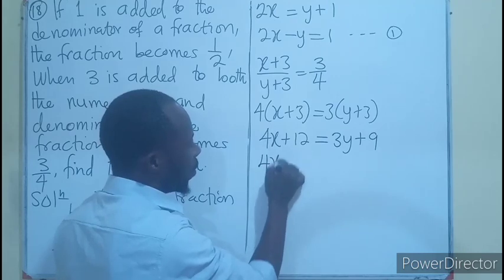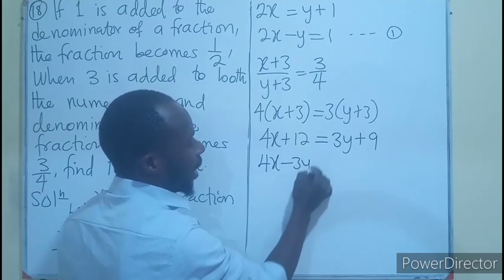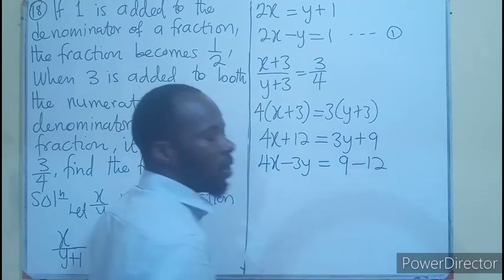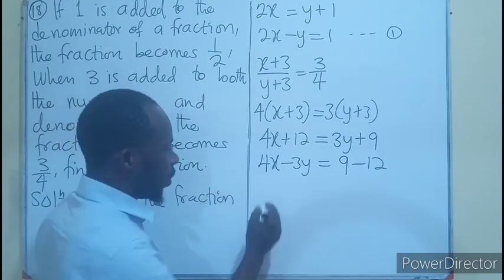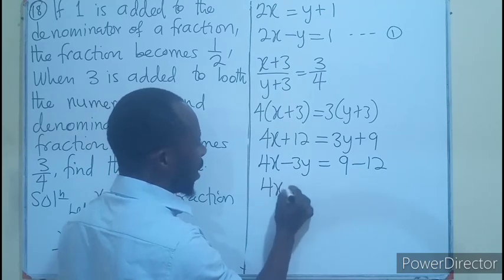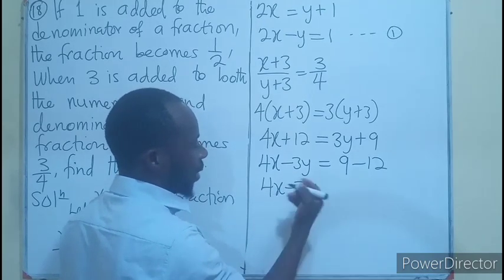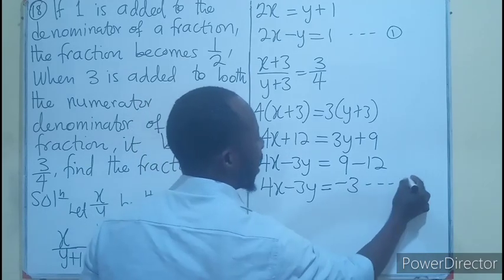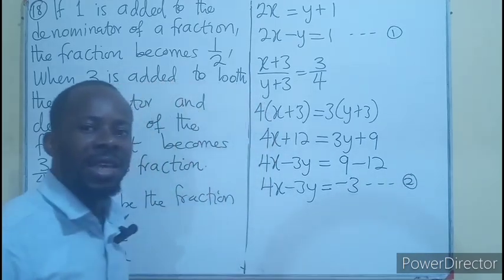That gives 4x minus 3y equals 9 minus 12. We can simplify further to have 4x minus 3y equals -3. And that becomes the second equation.